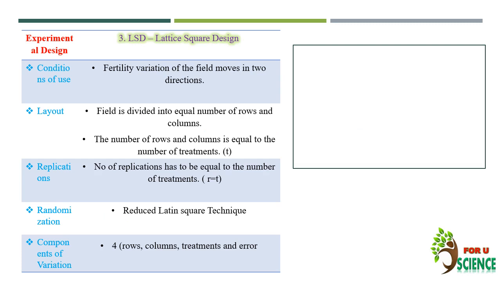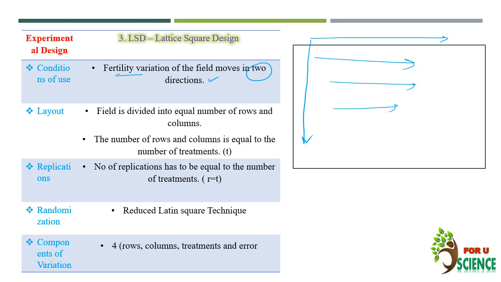We use this design when fertility variation is present in two directions, from this side to this side, and maybe this side to this side too. That means variation is present on two sides.